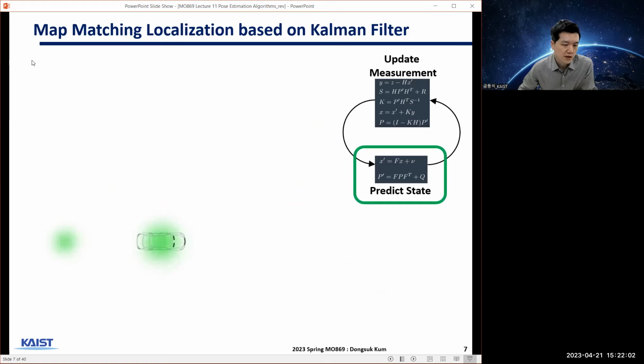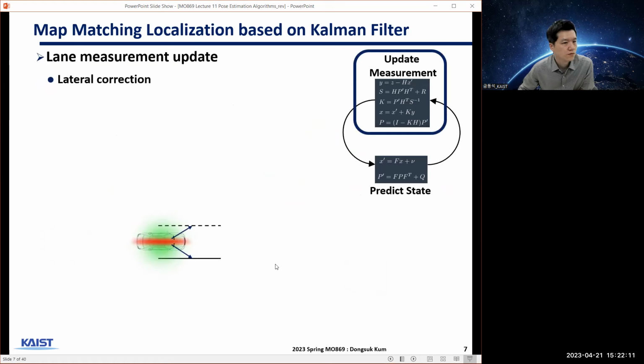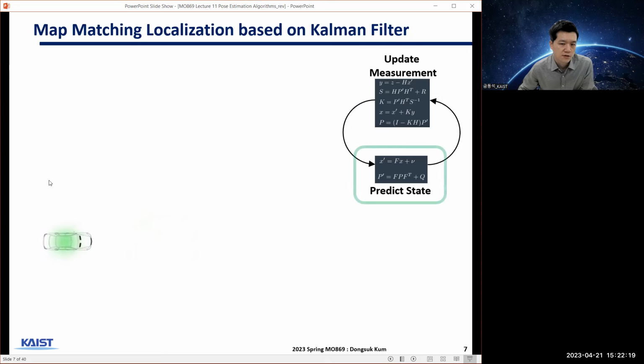And same goes with map matching, localization using Kalman filter. We have lane measurements, and then take it back. So the green distribution was the prior time distribution, and now the vehicle is in the next time step, and using the action and motion model, we can predict the distribution.